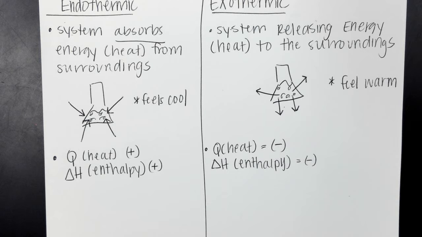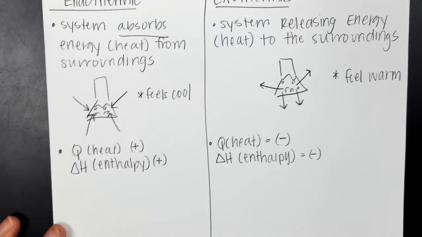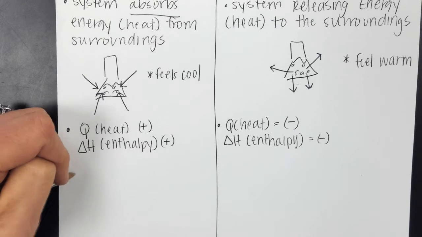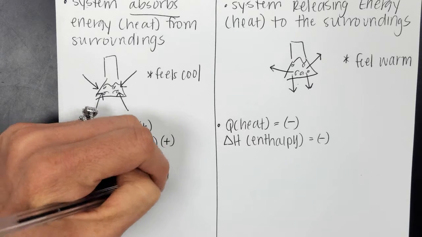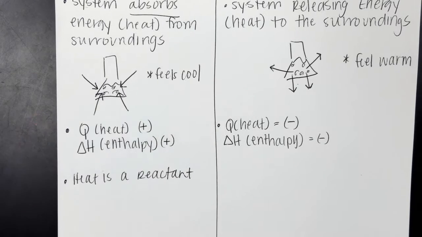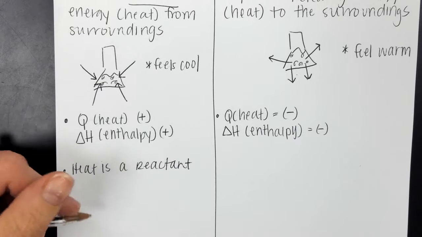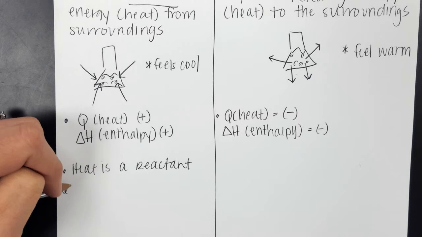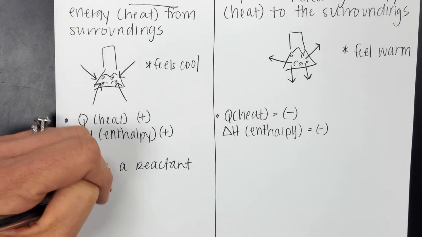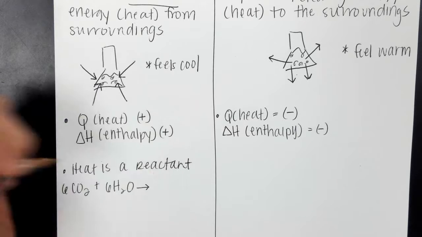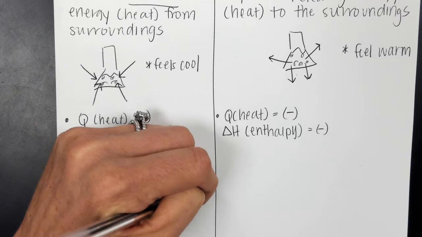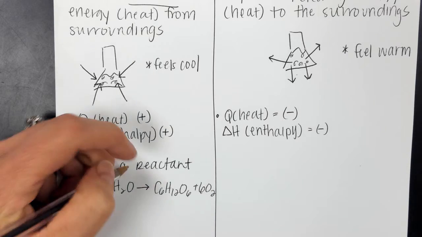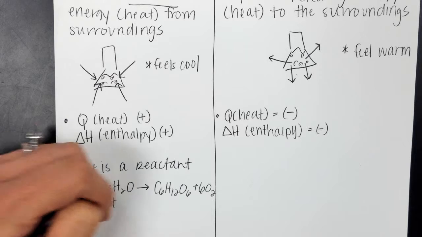Okay, so another thing that I want you to be sure you understand is that for endothermic, heat is a reactant. Okay, so let's say you have photosynthesis, 6 CO2 plus 6 H2O produces sugar and 6 oxygens, heat would be written over here.